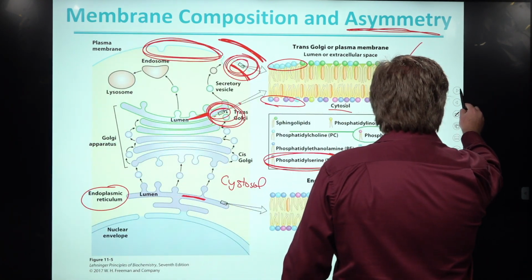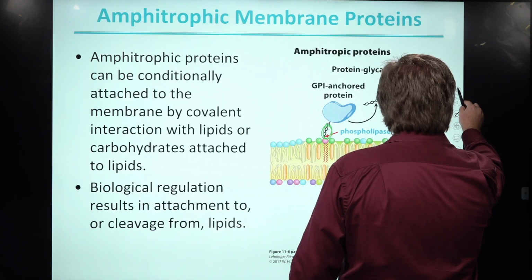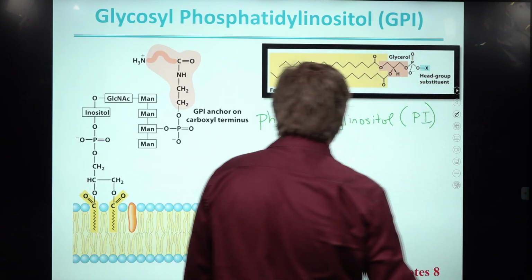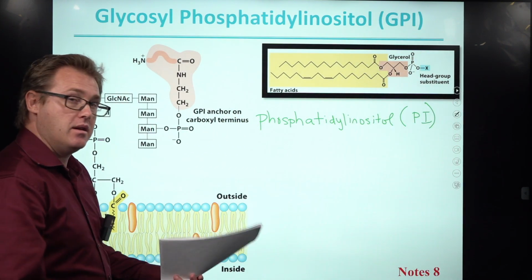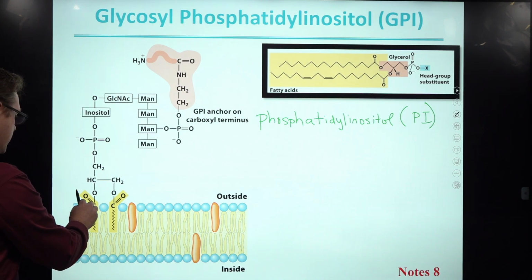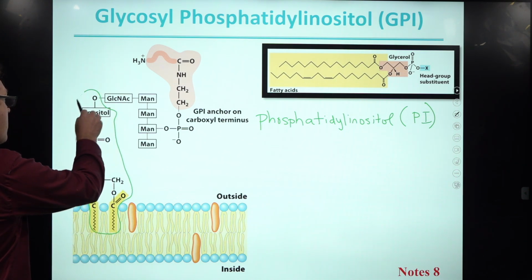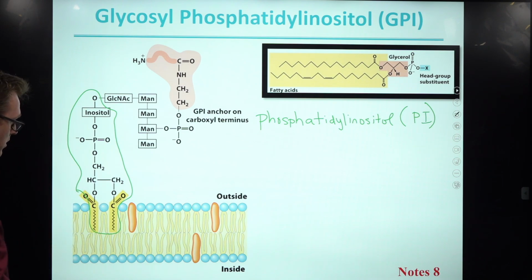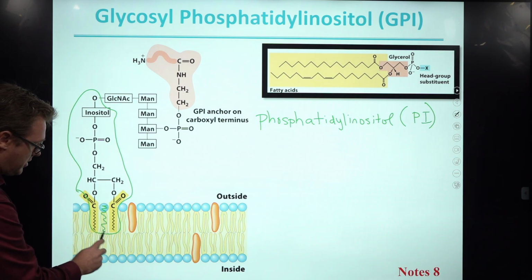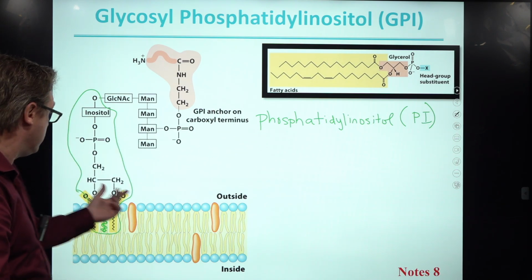So if we come back here, where's that component of that lipid? You'll find that it's this piece right here, minus that little piece right there. But it's that piece right there. That's the phosphatidylinositol.